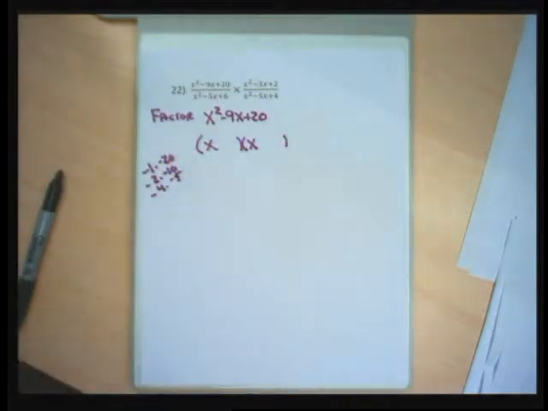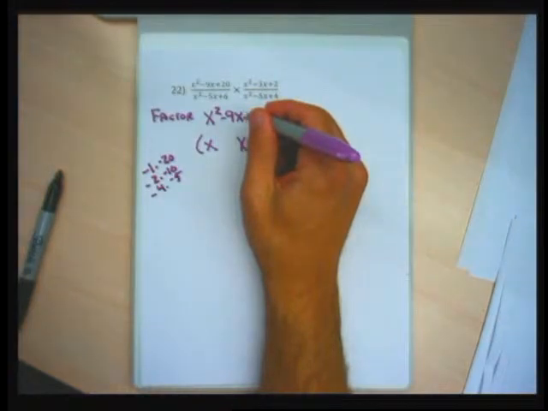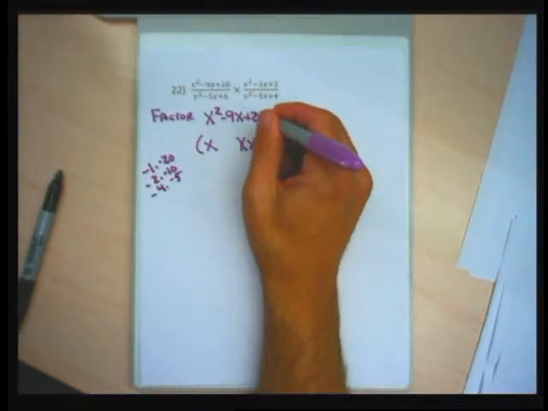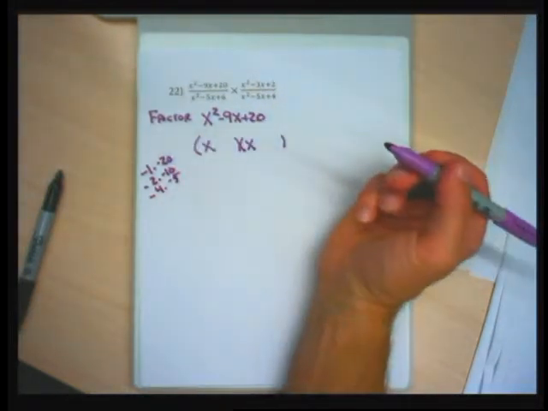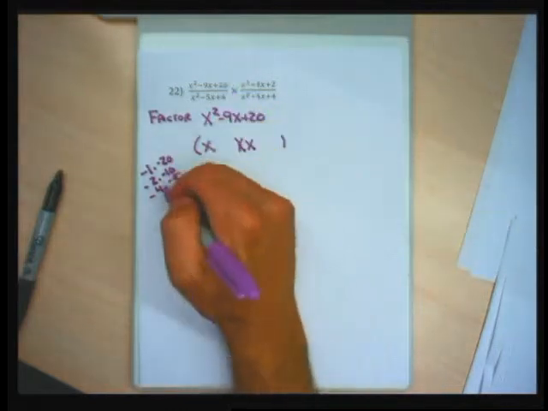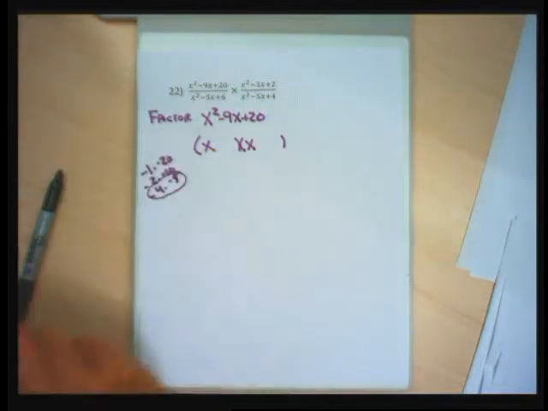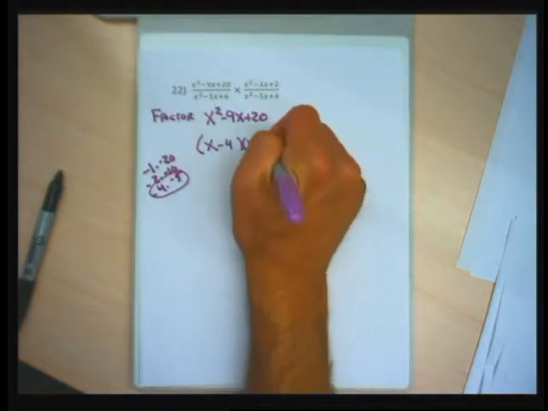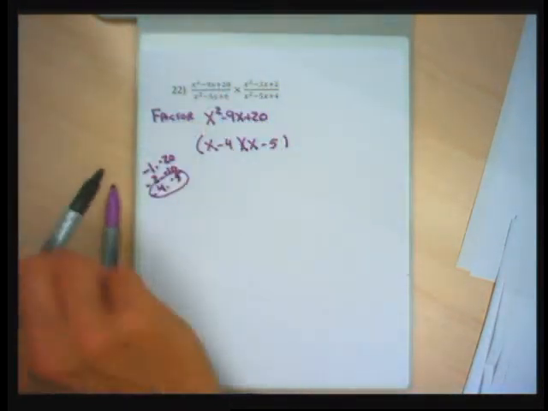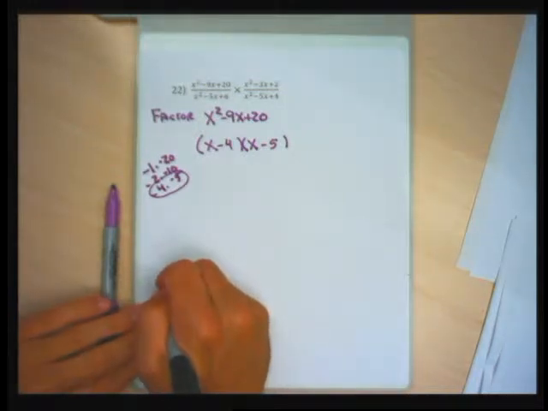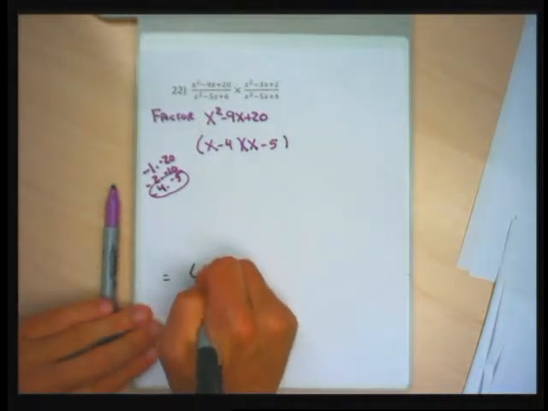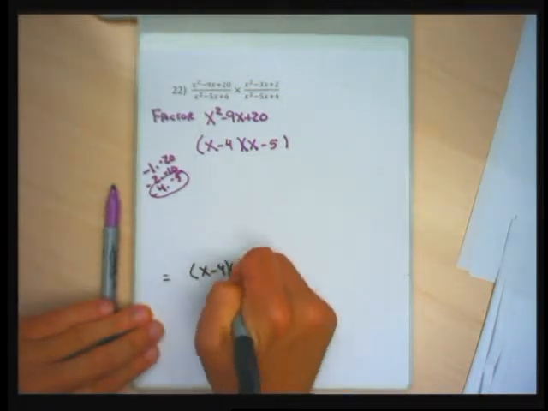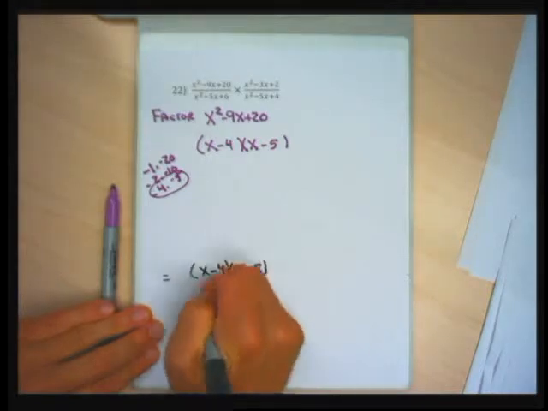Those are my choices for my lasts, because I know the signs have to be minus and minus. I know I have to multiply to 20, and those are minus and minus, and they multiply to 20. But they also need to give me a 9, and this 4 and this 5 are the ones that give me the 9. So the first factoring that I'm going to do is this numerator. And I'm going to write that as x minus 4 times x minus 5.